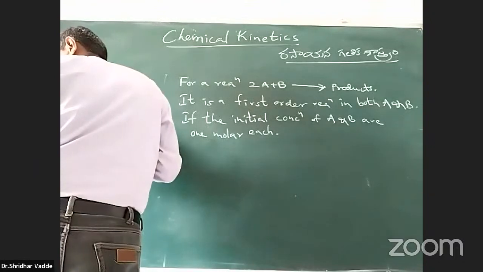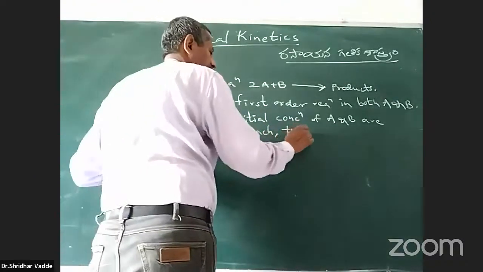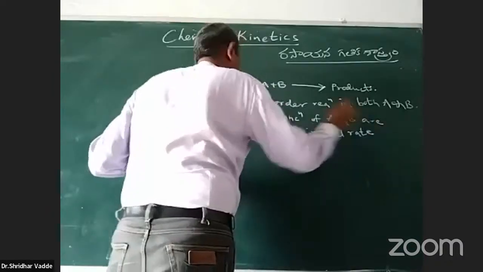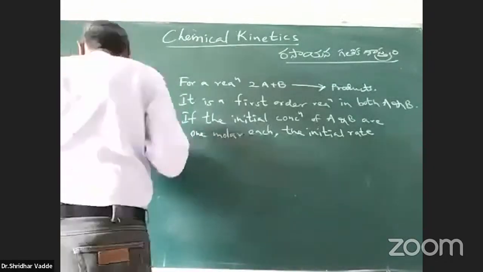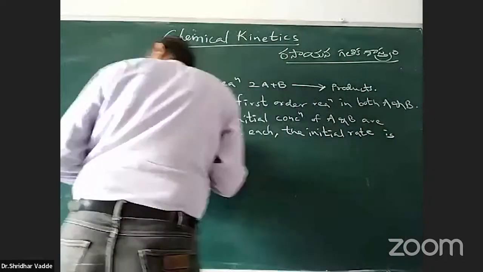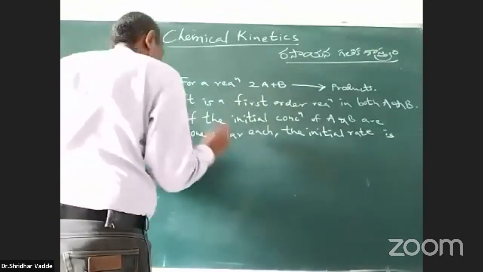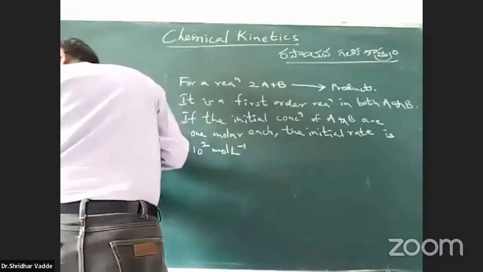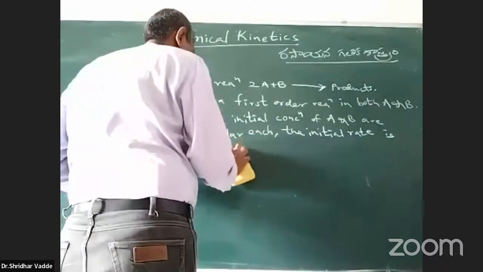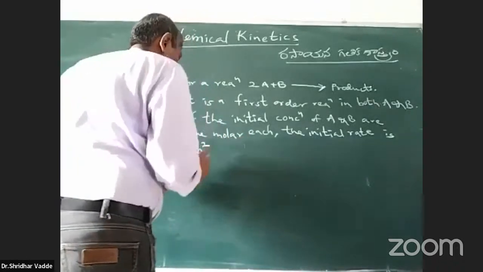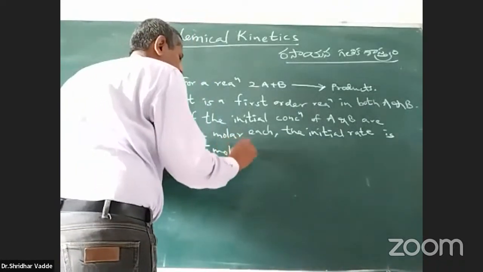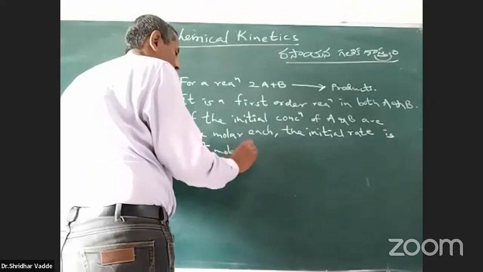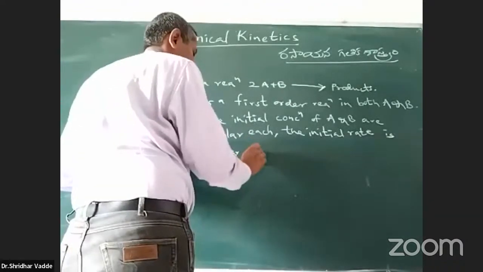The initial rate is 10 square moles per liter per second. That is molar per second, moles per liter per second. They have given the rate coefficient in molar per second.